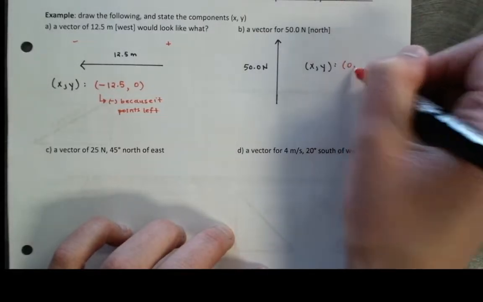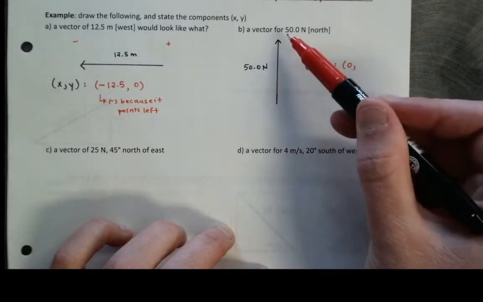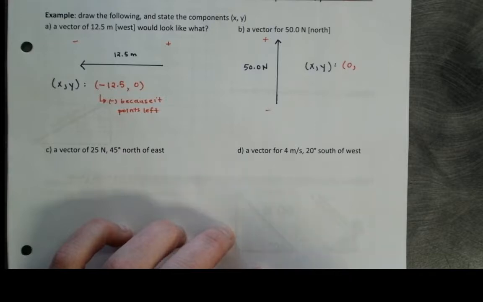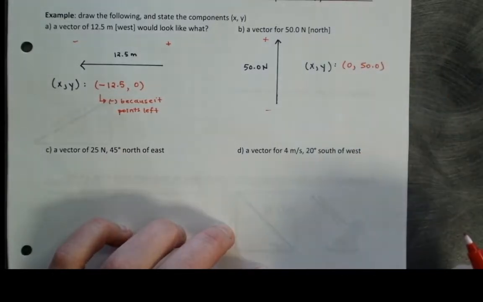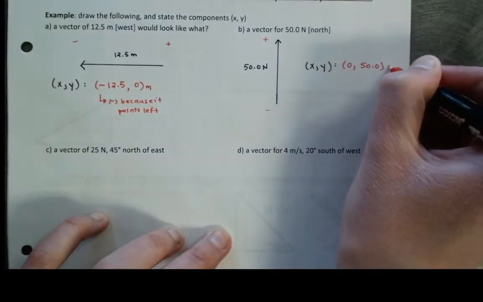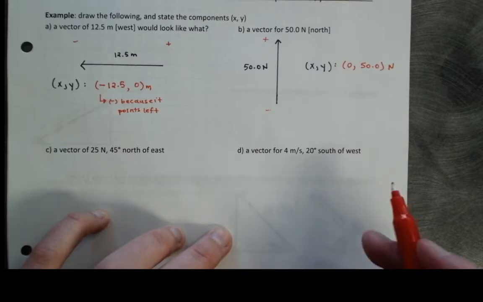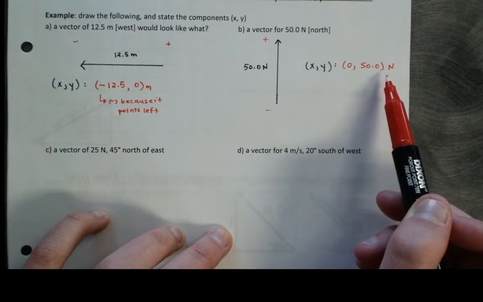Our x component is 0. For a y component, well, it's going 50, and up is a positive direction. So we just write 50. Okay? If we want it to be perfectly correct, we should put our units outside the bracket like that. Okay? So instead of writing 50 newtons north, we could represent it as this.